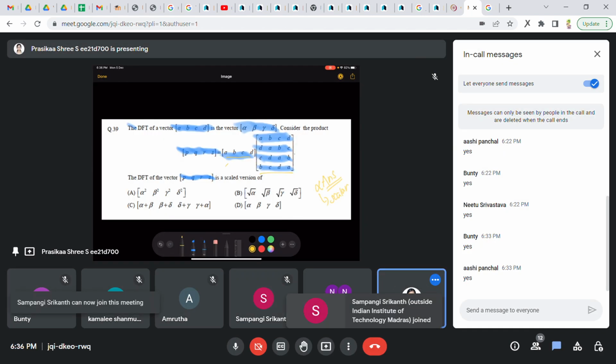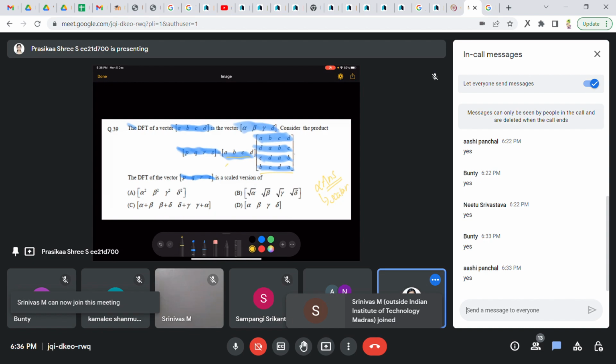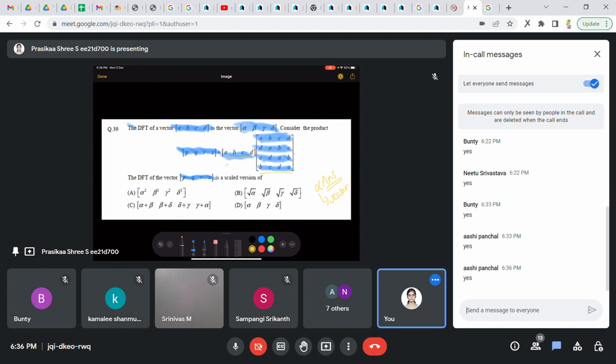Bunty, Neetu, do you know about circular convolution? Okay. So you guys know about the matrix multiplication method, right?